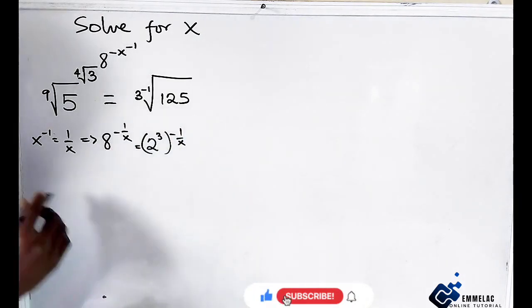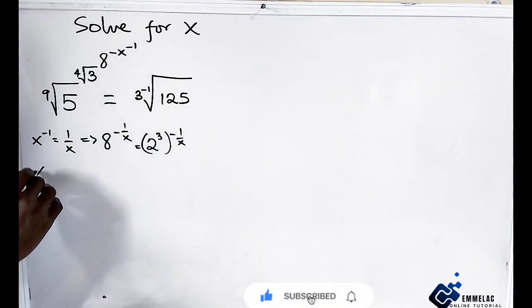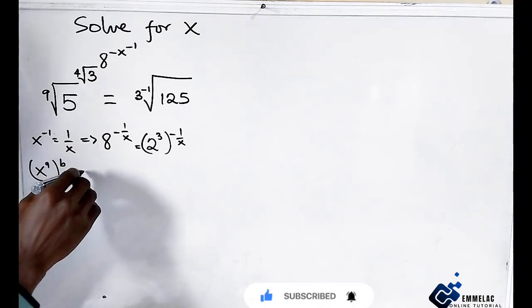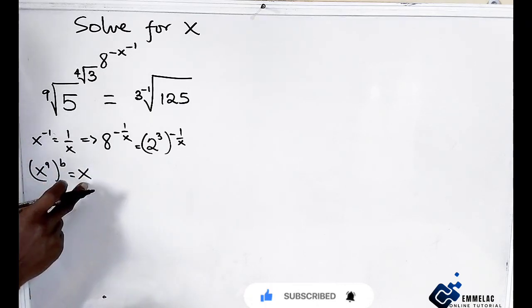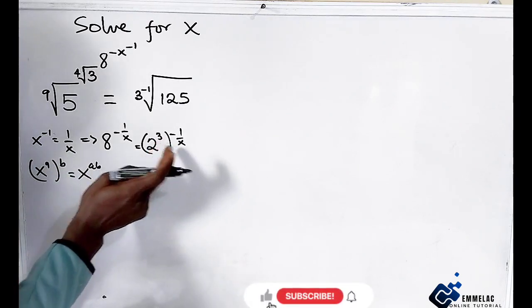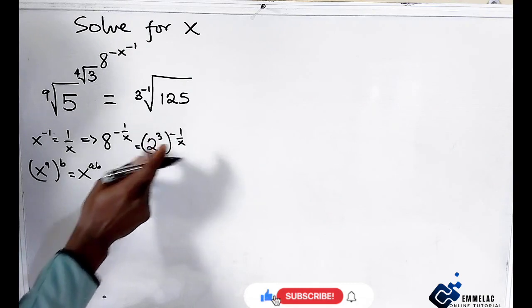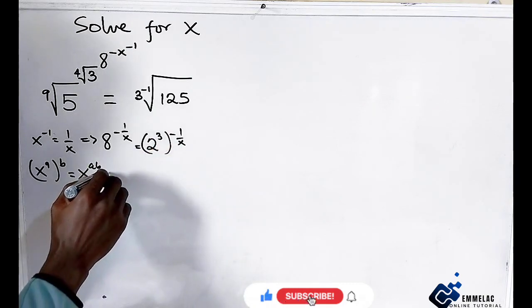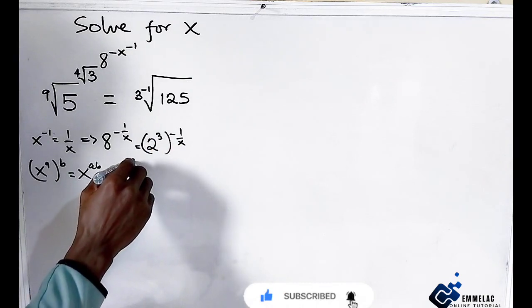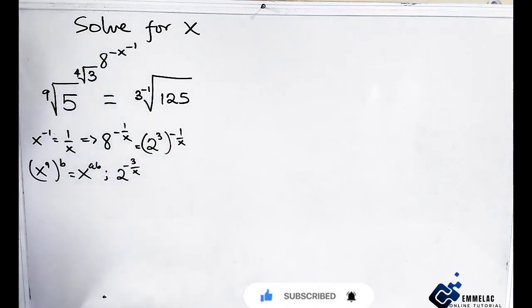Now, according to the law of indices, if you have x raised to the power of a, all raised to the power of b, you have x raised to the power of the product of a and b. So we multiply, which implies that this is 2 raised to the power of minus 3 over x, right?